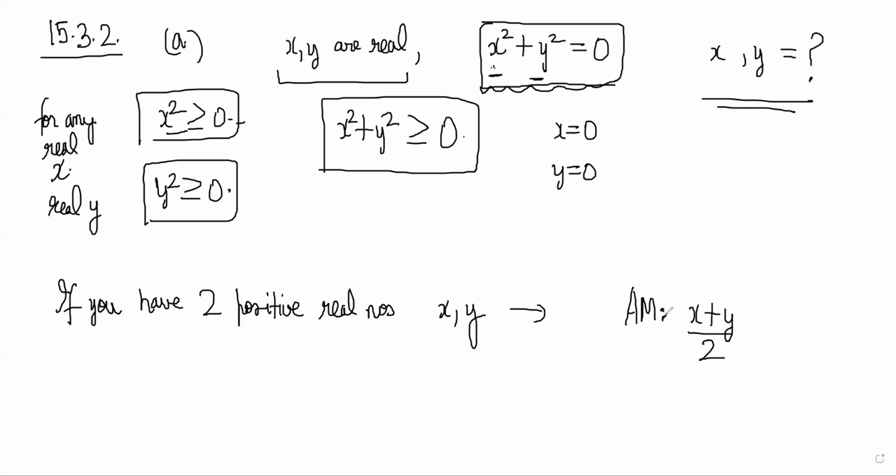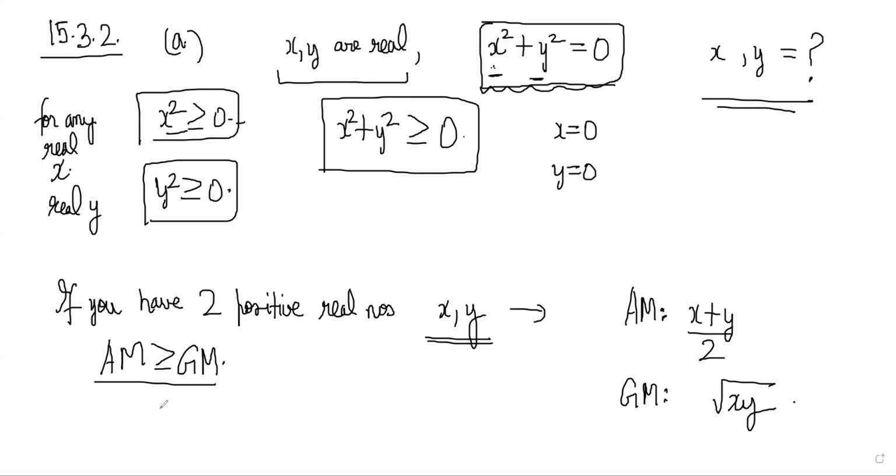That is called the arithmetic mean of these two positive real numbers. And the geometric mean of these two numbers is root over xy. Now, the inequality says that always AM is greater than or equal to GM. For any two positive numbers x and y, AM is greater than or equal to GM always. So you should have x plus y by 2 is greater than or equal to root xy.